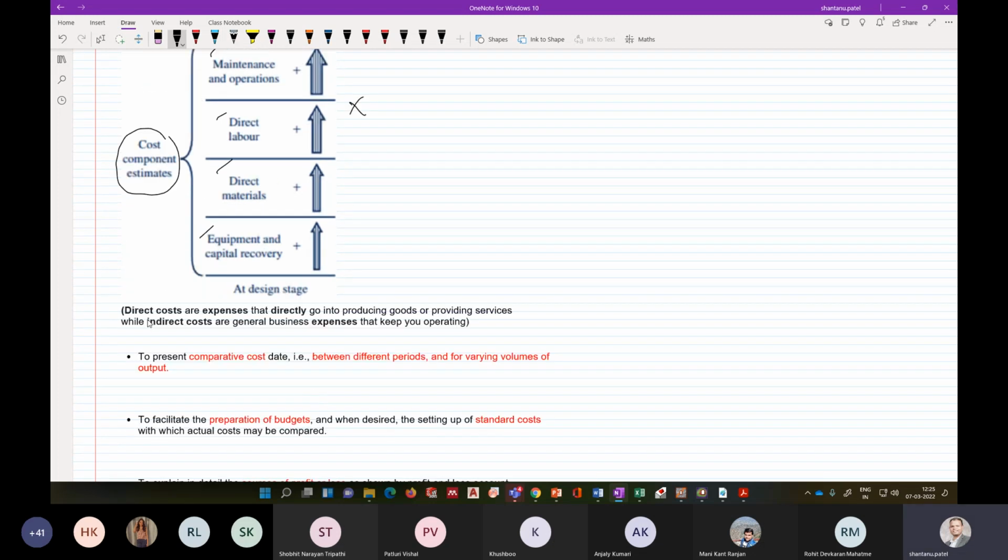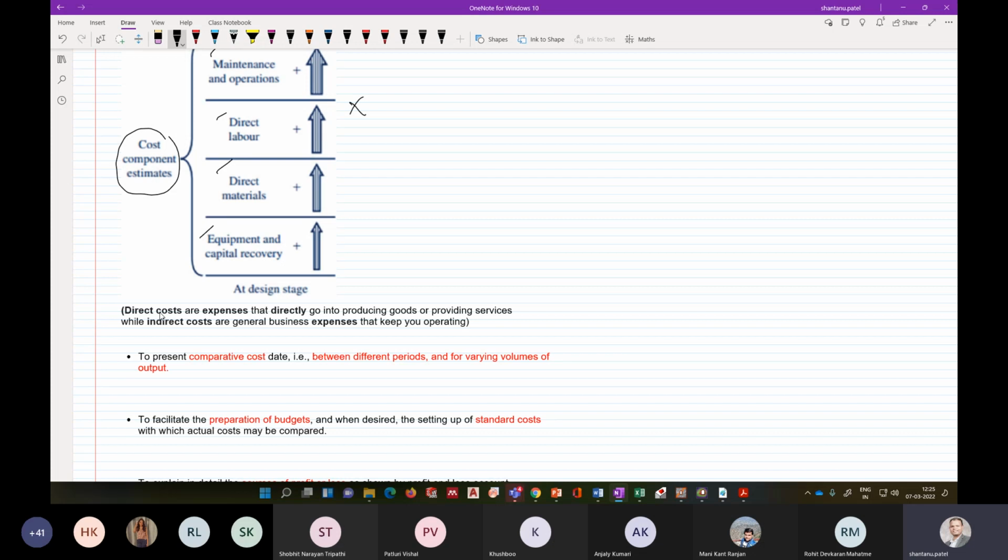Okay, so the direct costs are expenses that directly go into producing goods or providing services, while indirect costs are general business expenses that keep you operating.